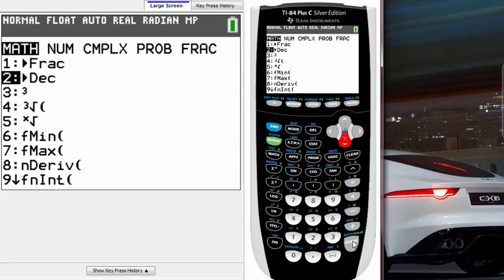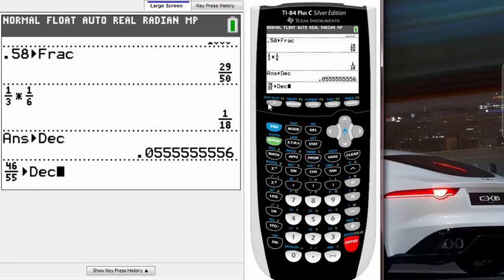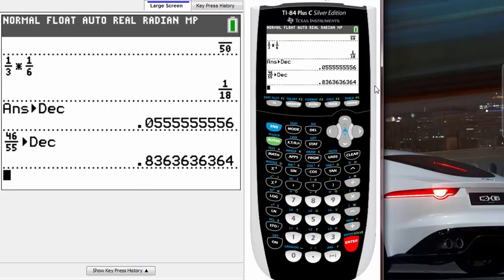Just go to the second one here and hit enter. Now it's going to change that 46 divided by 55 into a decimal, and if I hit enter here, notice I get this huge decimal number. So that's it for how you change your answers from fraction to decimal and decimal to fraction.